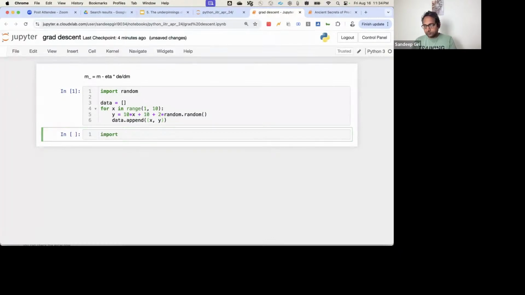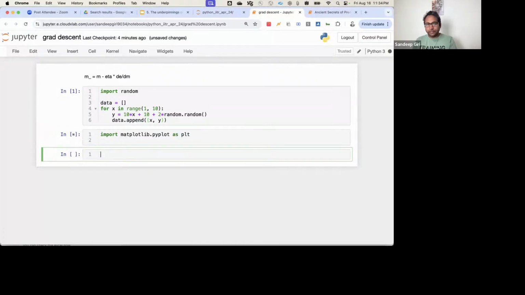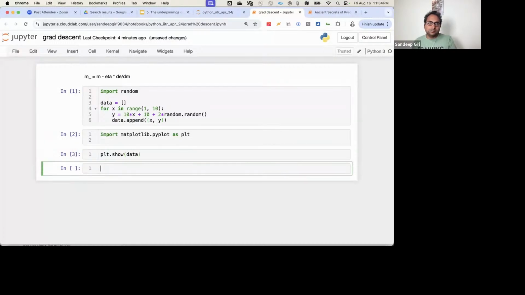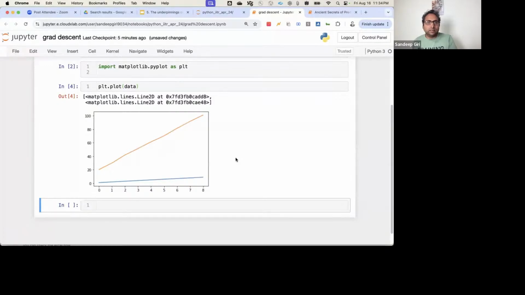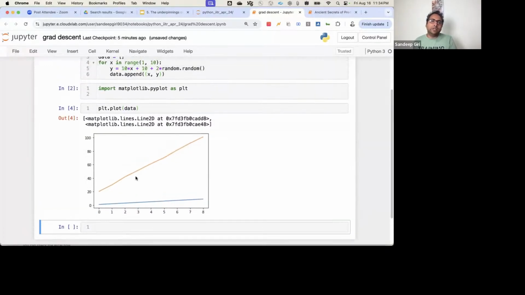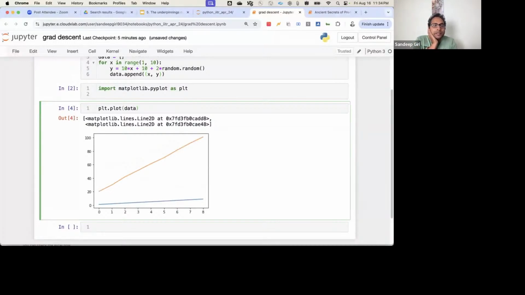Import matplotlib.pyplot as plt. I just want to see if I can plot this data. Will it plot it? Yeah, it basically plotted 2 lines separately. How do I pick the x from that?